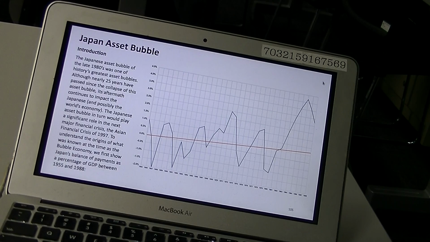Now, personally, I came to this country in 1992, 25 years ago this month, and that was really the collapse of the bubble economy. The real collapse started literally as I came to this country, and it had a major impact on this country.